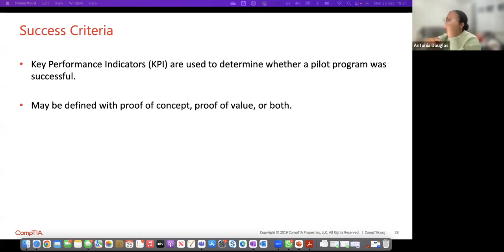But the organization has to determine what those KPIs are, what those key performance indicators are, measuring whether or not these KPIs were satisfied to help determine the success or failure of the program. And the success or failure of the program ultimately will help the decision-making for the organization. Was it determined that it's of value for the organization or not?